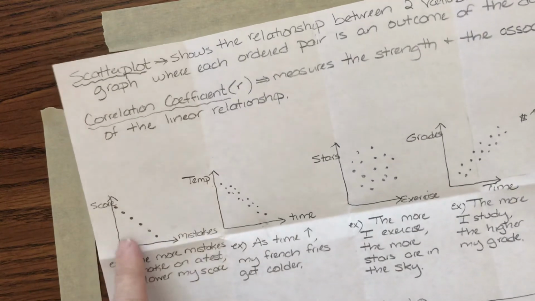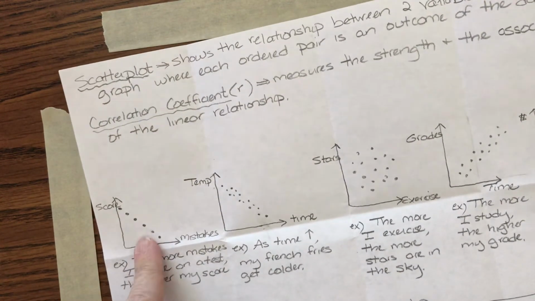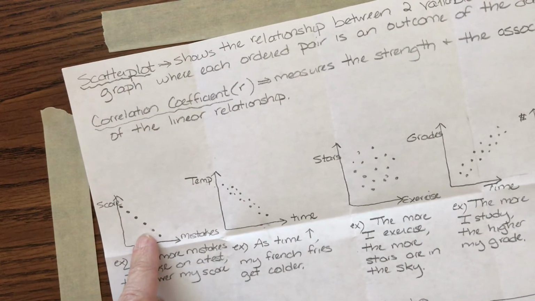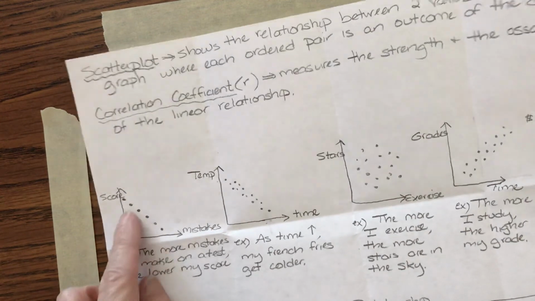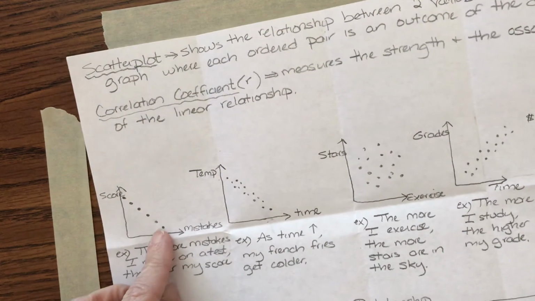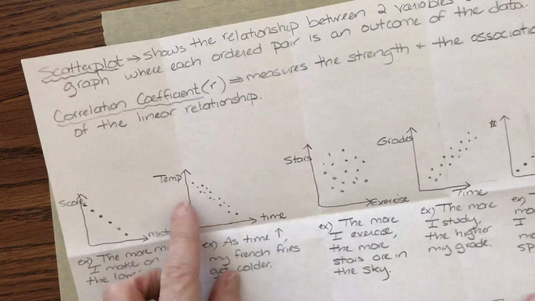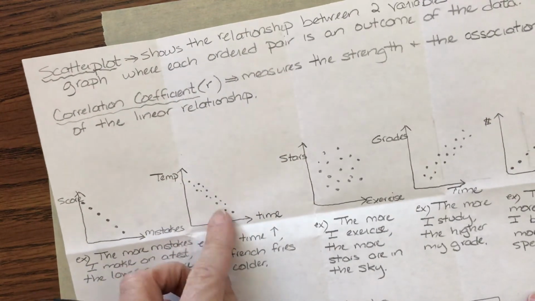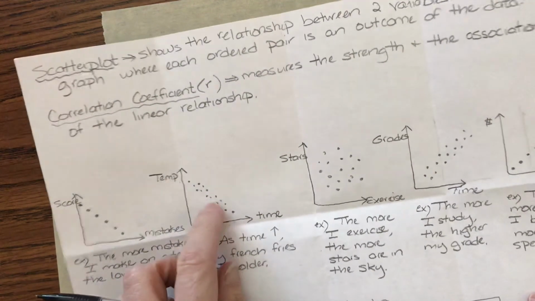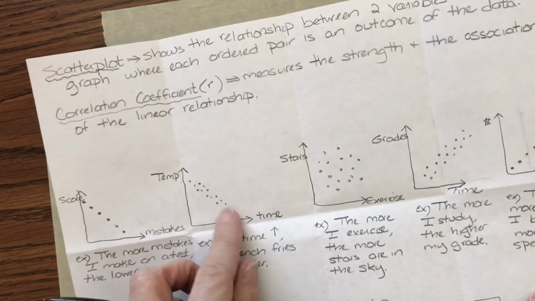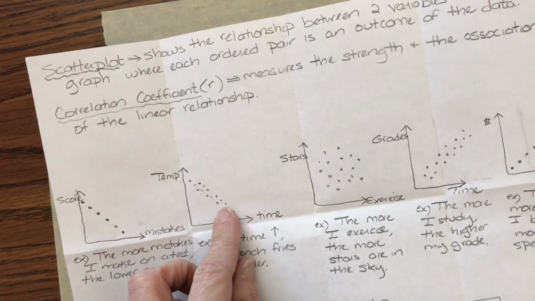They can go from -1, for example, in this case, where it's perfectly linear, but it has a negative slope. This is perfectly correlated. This is also fairly well correlated, but because the dots aren't in a solid line, we would say it's not as strong a correlation.